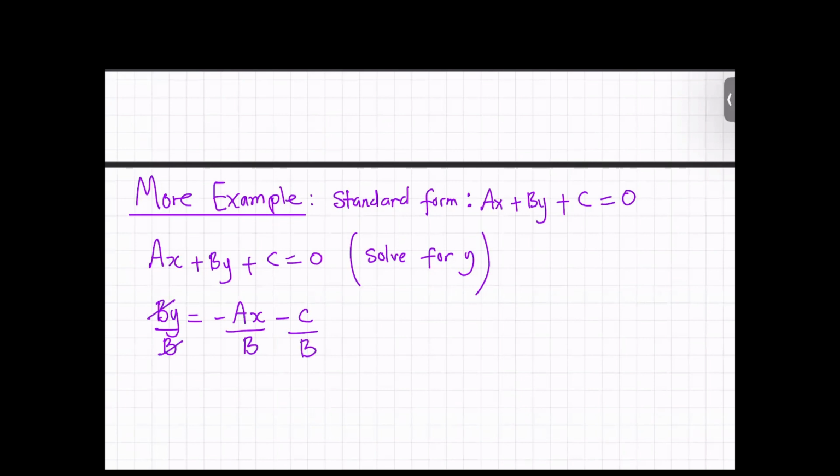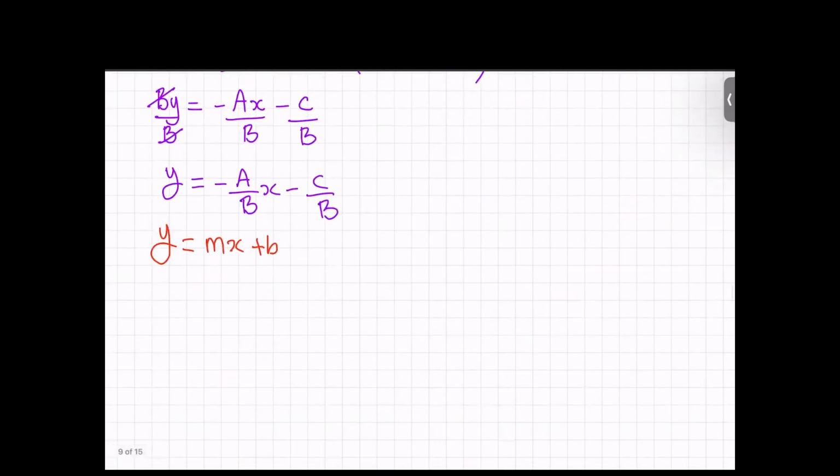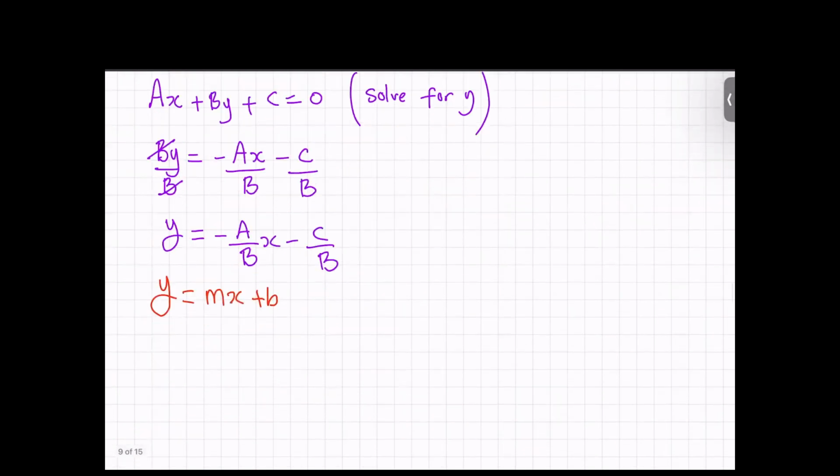So this cancels with this, and our y here is negative a over b x minus c over b. Notice that if you compare this with the form that we know, mx plus b, it is logical. We can agree that it's possible to transform a standard form into a slope-intercept form.